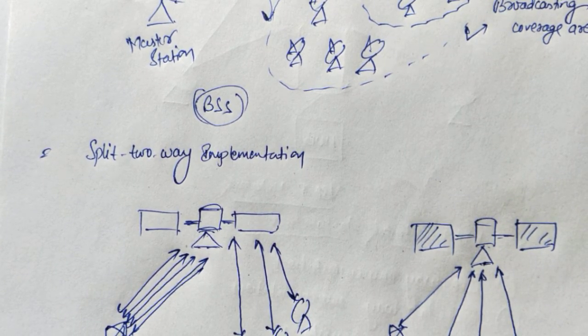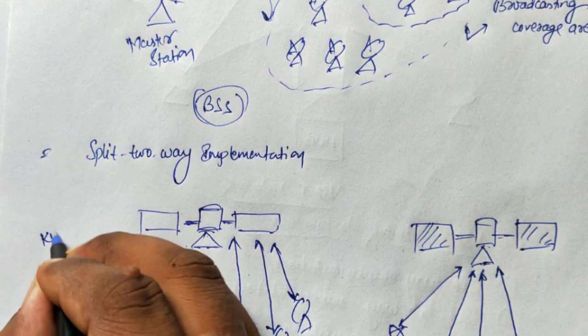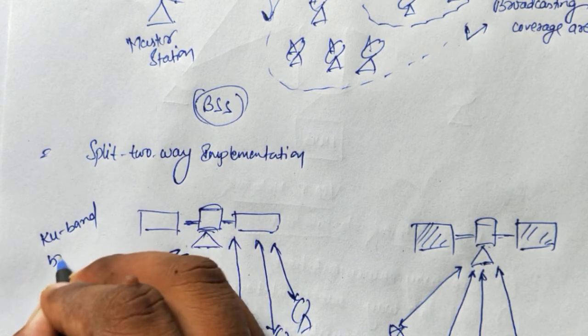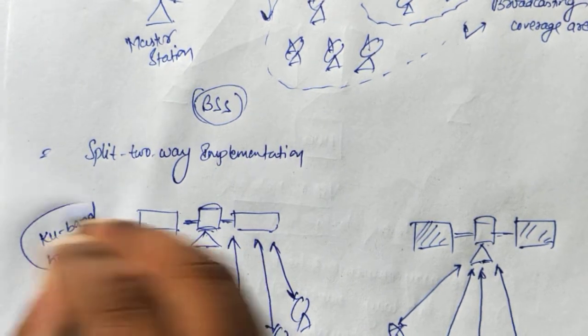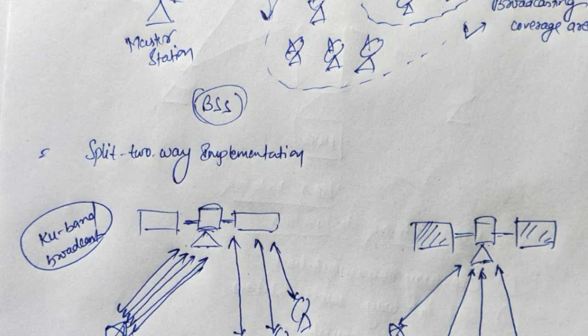This split two-way implementation is used when there is no normal return channel. What does it mean? For example, with a Ku band broadcast satellite service system that carries internet traffic, the relatively high capacity downlink stream is not complemented by an uplink capability from the user terminal.